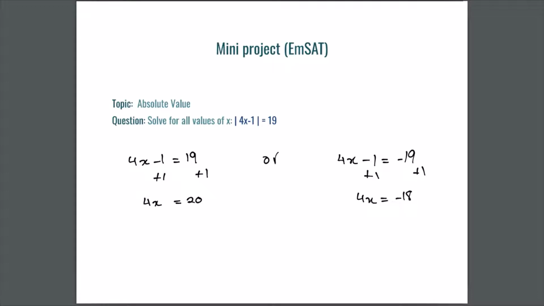Now divide both sides by 4. You will get x equals 5. And divide by 4 here, you will get x equals negative 9 over 2. So both of these x values satisfy the equation.